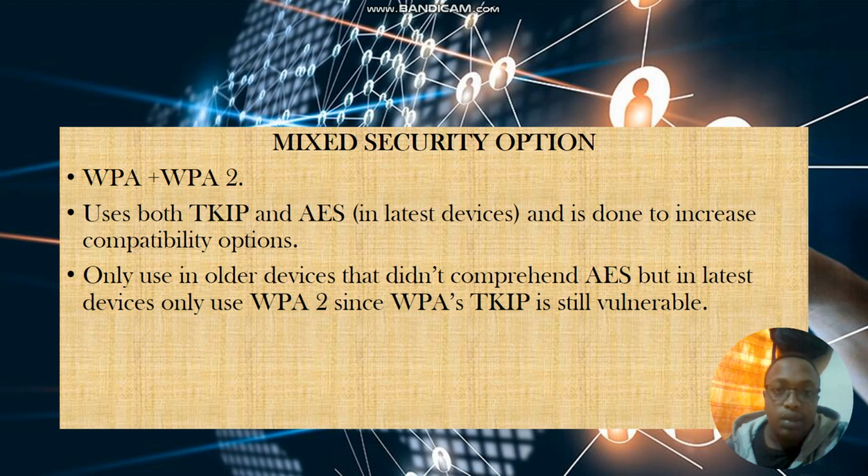Now there's a mixed security option. In some routers you will find the option for WPA and WPA2 both, and this is basically in devices that came after 2006, I believe, and this was done in order to increase the compatibility options, so that if a device was enabled with TKIP and is accessing a device that only allows WPA or TKIP, then it's going to use that.